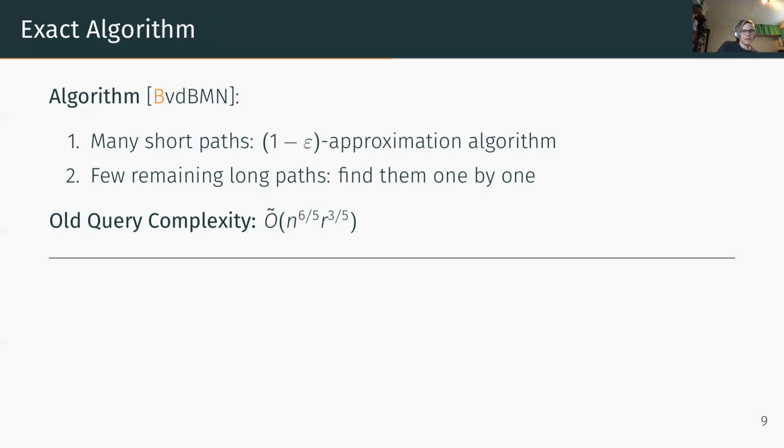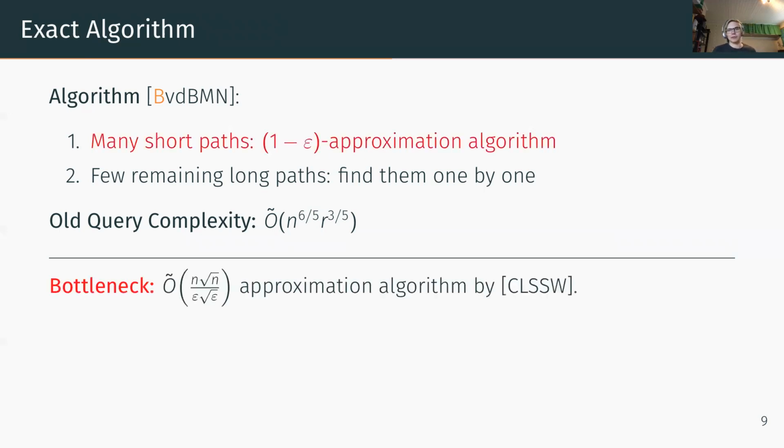So the bottleneck of their algorithm is this first step where you run the approximation algorithm. And previously, the approximation algorithm they used was this n√n/ε√ε approximation algorithm by Chakrabarti, Lee, Sidford, Singla, Wang.